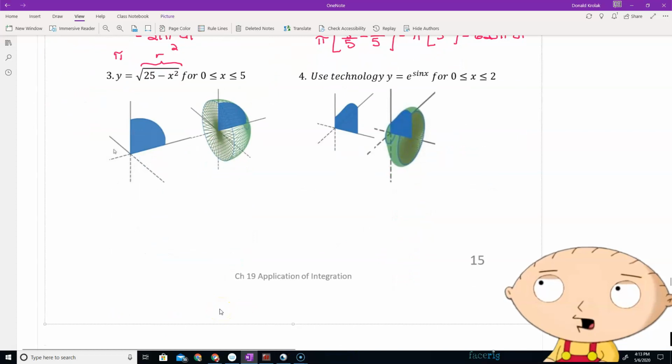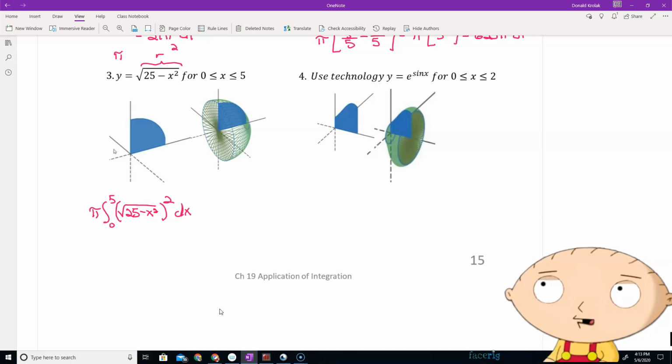So to set up our formula here from 0 to 5, our radius is the square root of 25 minus x squared, quantity squared, dx, times pi.